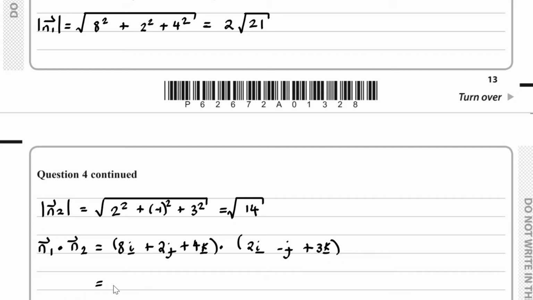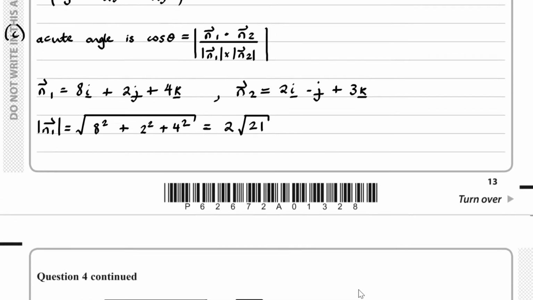So we have 8 times 2 plus 2 times minus 1 plus 4 times 3. So we've got 16 minus 2, that's 14, plus 12, turns out we get 26.